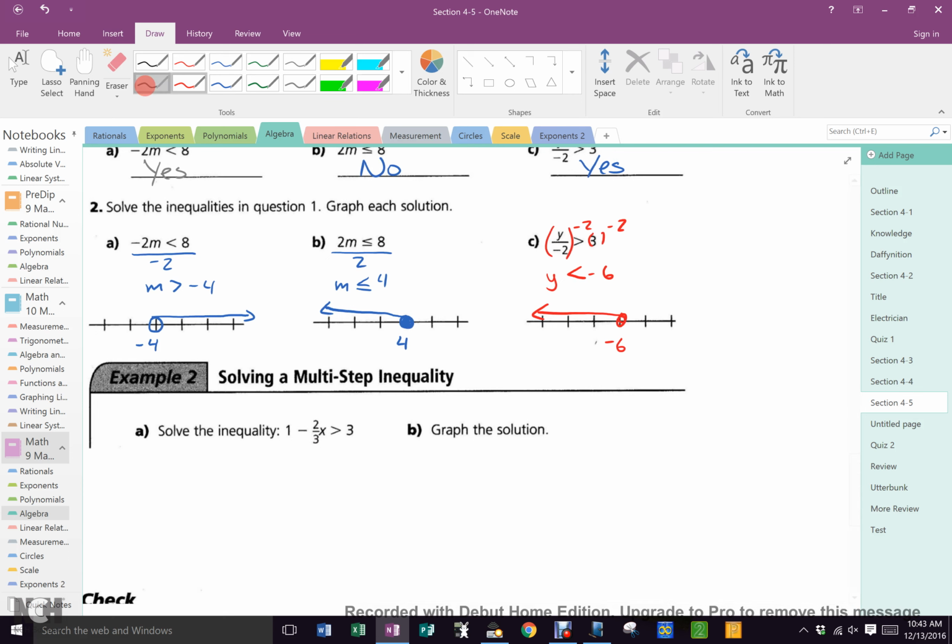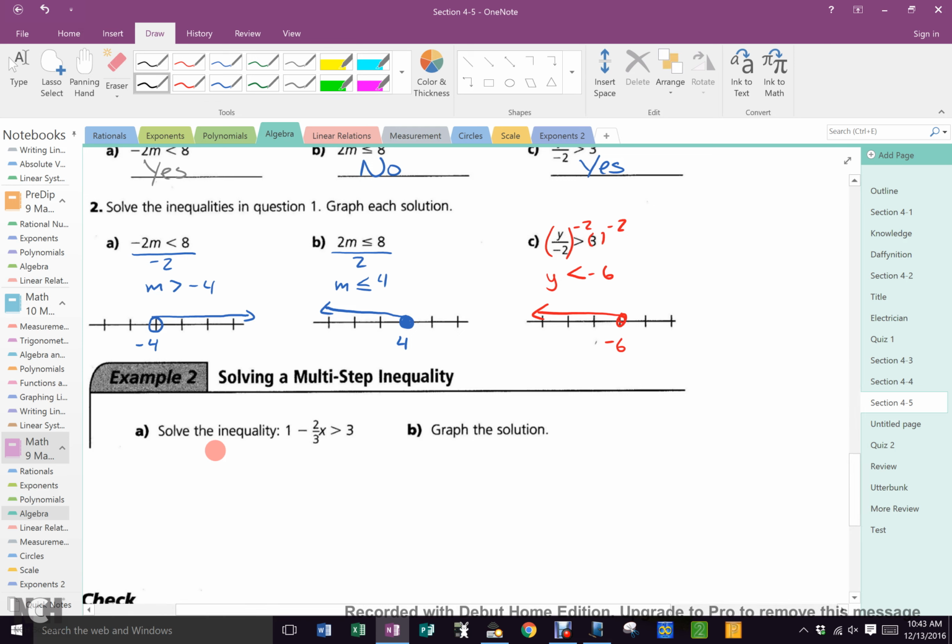If I gave you this, don't write this down. If I did 1 minus 2 over 3x equals 3, you would all know how to solve it, wouldn't you? Your job is to get x by itself, right? You would all know what to do, right? Get x by itself by doing the opposite of what we see, correct?